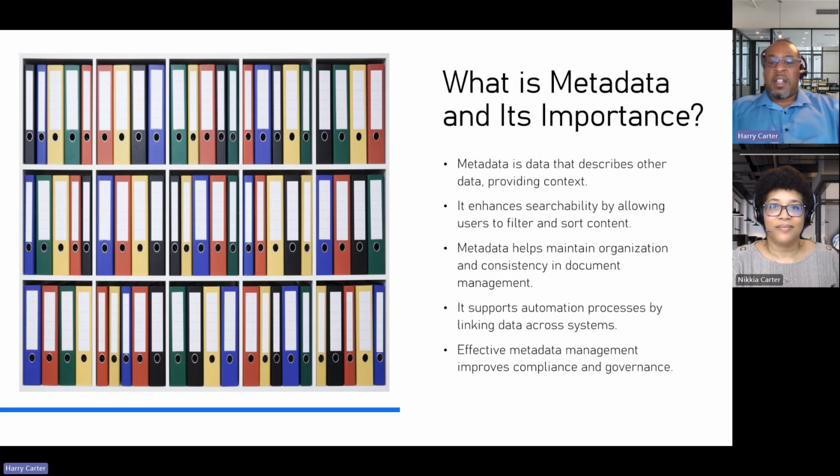Proper metadata management is essential for compliance and governance, ensuring that organizations can efficiently handle their information. If you're looking to get Microsoft Copilot, metadata makes the AI smarter, faster, and more efficient, enabling it to retrieve relevant data accurately, improve workflow automation, and support informed decision-making.